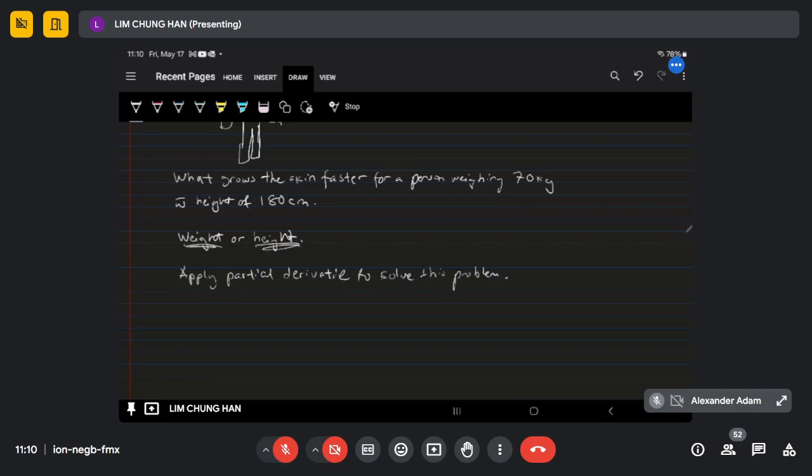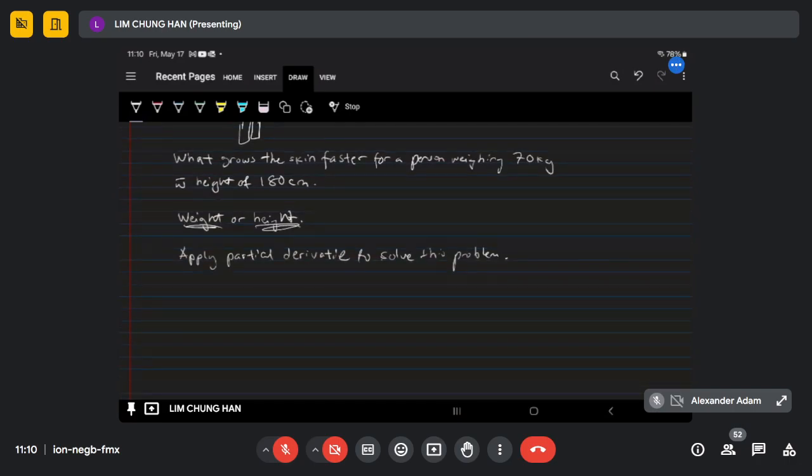Okay. So what we can do is first we keep the height, or H, constant. We change the weight.